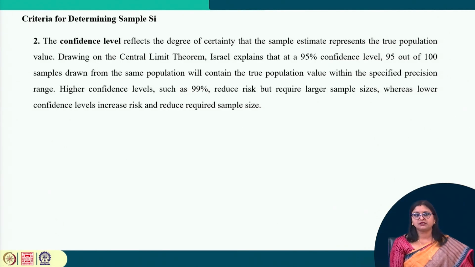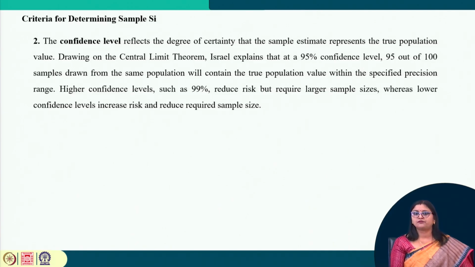The second criterion is the confidence level. It reflects the degree of certainty that the sample estimate represents the true population value. Drawing on the central limit theorem, Israel explains that at a 95% confidence level, 95 out of 100 samples drawn from the same population will contain the true population value within the specified precision range.